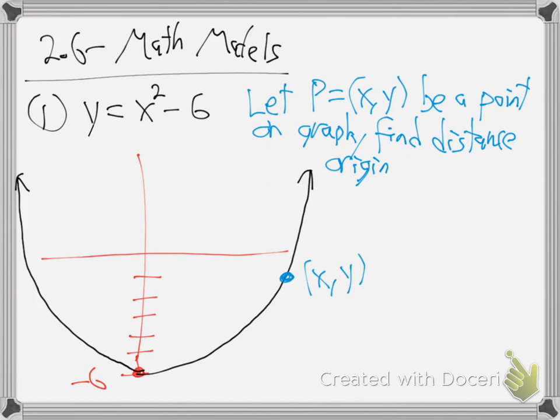This is the distance formula. So here's the origin, 0, 0. And what they're asking me for is what is the distance from 0, 0, from the origin to some point x, y on the graph.